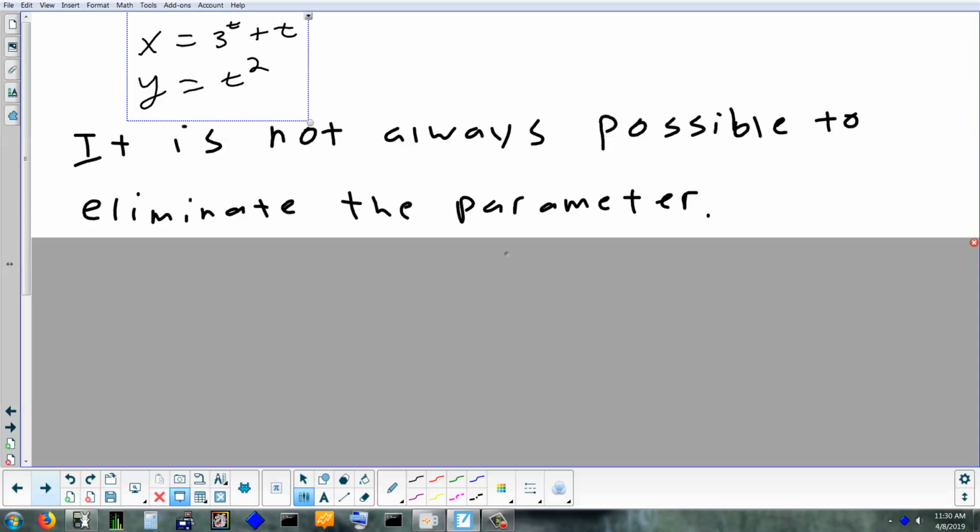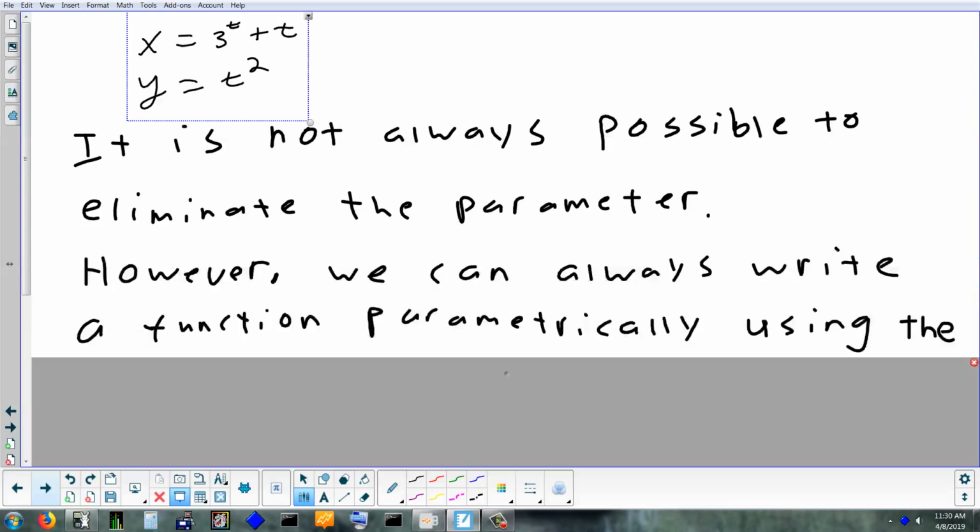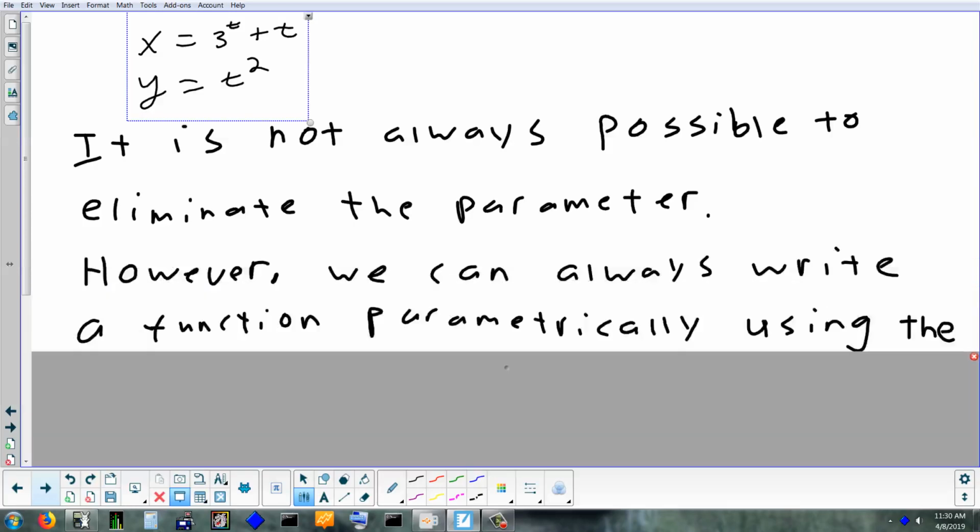Now, you can only do what we just did sometimes, but it's always possible to go the other way. You could give me any equation you want, and I could make it parametric very easily. I'll show you how.